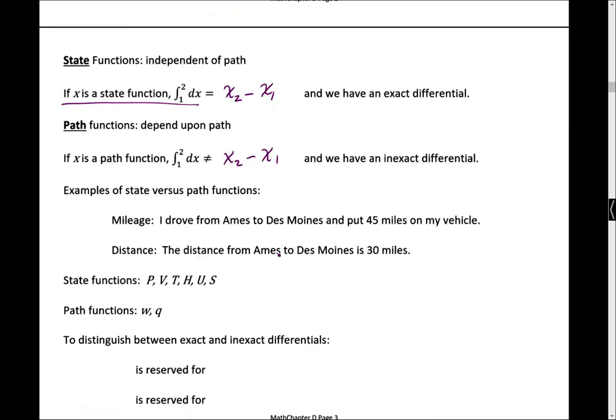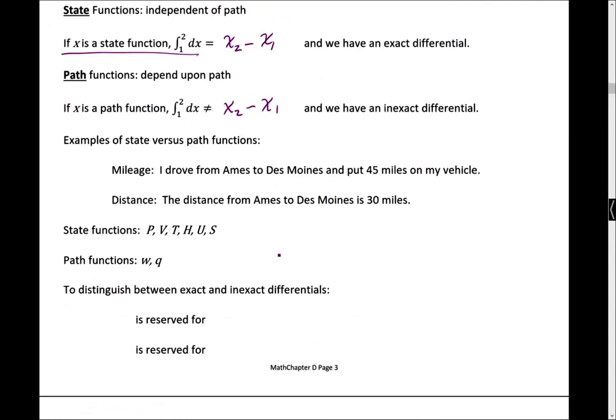And what we do in order to distinguish, so that we know whether this integral is a delta or not, is we use different symbolism for the two differentials. So if I say dx, that means we have an exact differential.